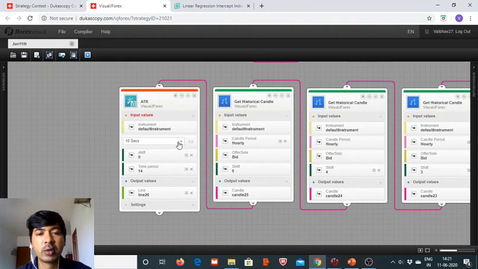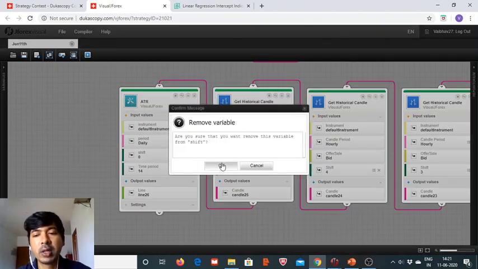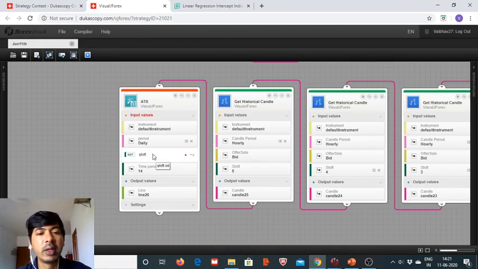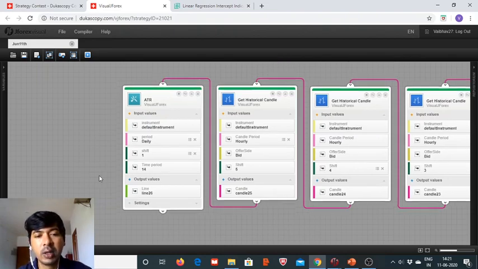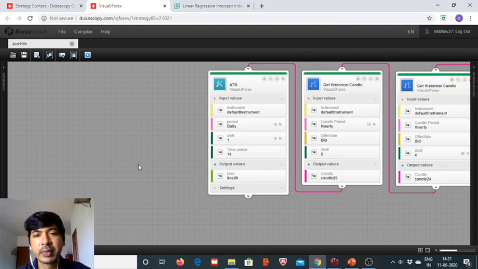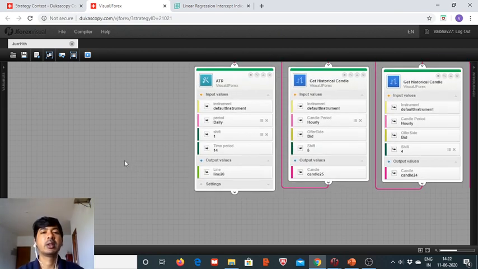10 minutes needs to be converted to daily, and since we are going to take into account yesterday's value, not today's value, we will get the shift 1, and then comes line 26, that is the output, which we will multiply by the desired factor to get the desired combination.